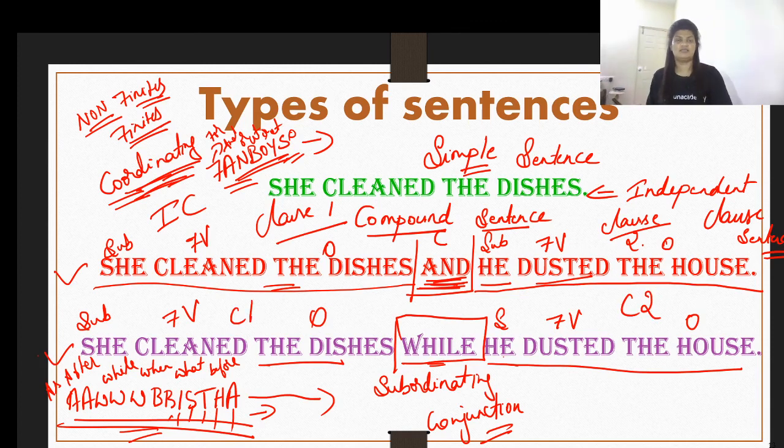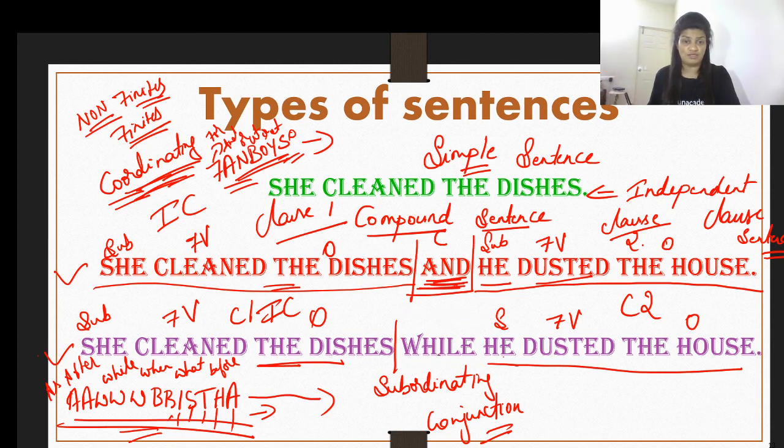But here is a trick or a complexity: are these clauses both independent? The answer is no. These clauses are not independent, whereas this is our independent clause because this is capable of standing on its own. It is not dependent on any other statement like this.